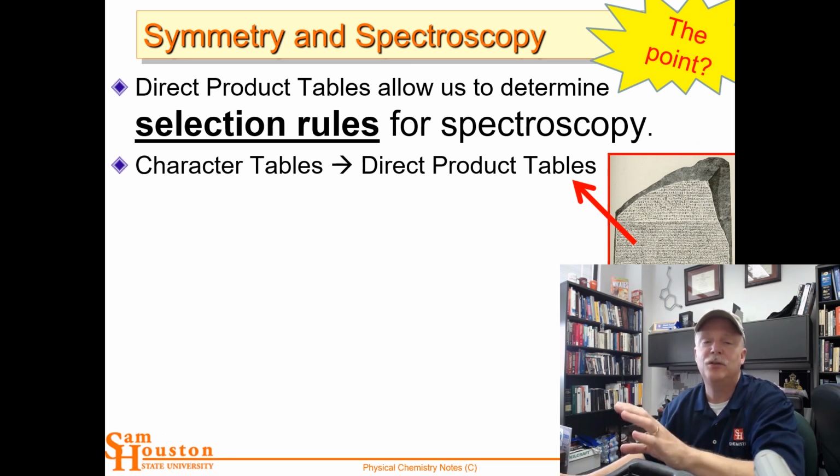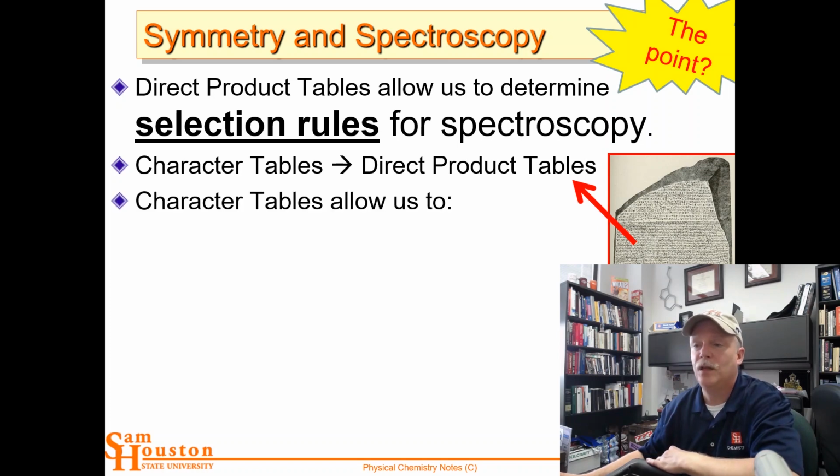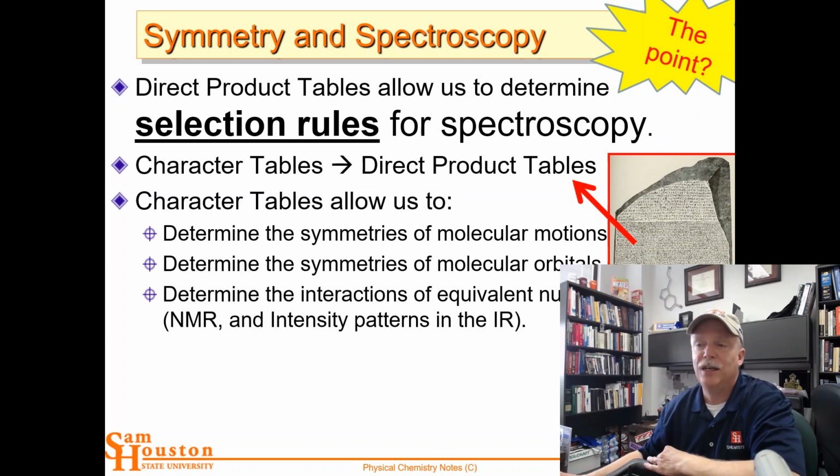The symmetry operations would be unintelligible if you didn't have these direct product tables, just like Egyptian hieroglyphics were unintelligible until we found the Rosetta Stone. And we get those direct product tables using the symmetry species that we find in the character tables. The character tables define the symmetries of all molecular motions, all the molecular orbitals, and all the equivalent nuclei in an NMR experiment.